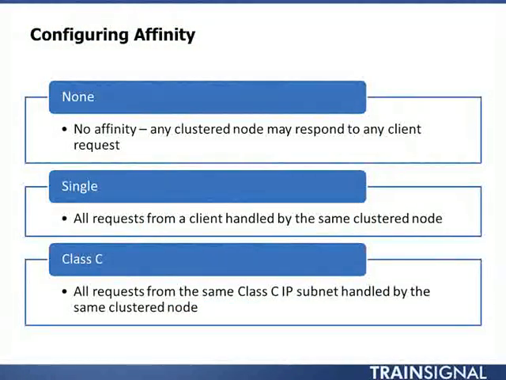The three main types of affinity at our disposal include no affinity, single affinity, and class C affinity. Single again is the default. Single affinity says that when a request comes in from a particular IP address, the cluster is going to pick some particular node to handle that request, and from that point on, that same node is going to handle all the traffic from that same client machine.